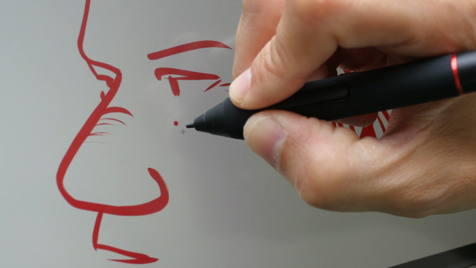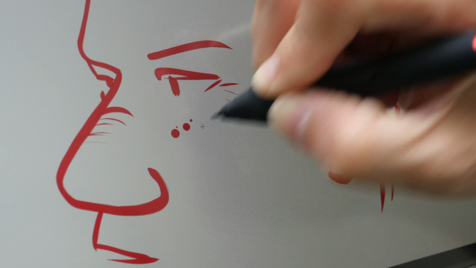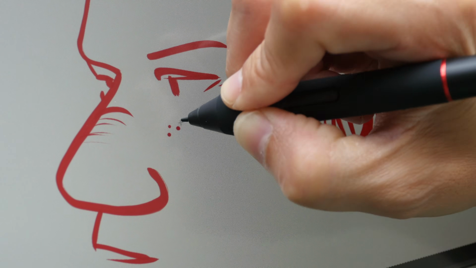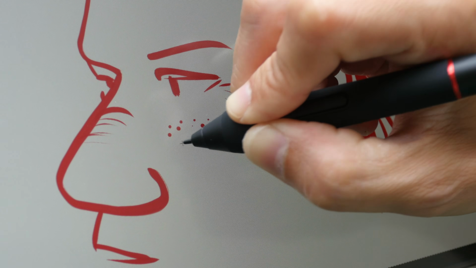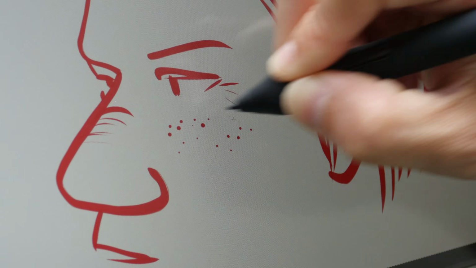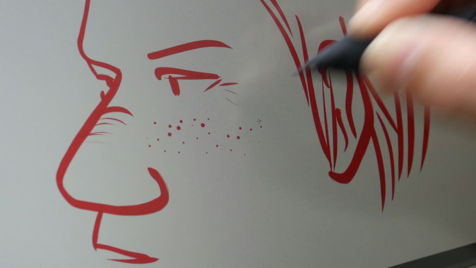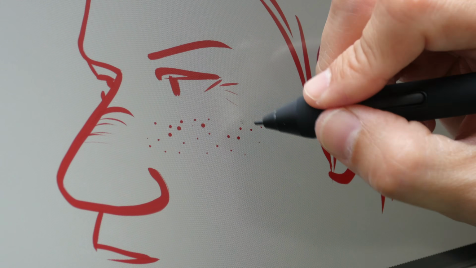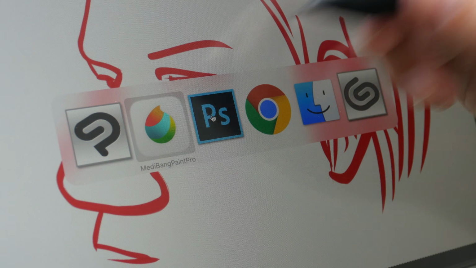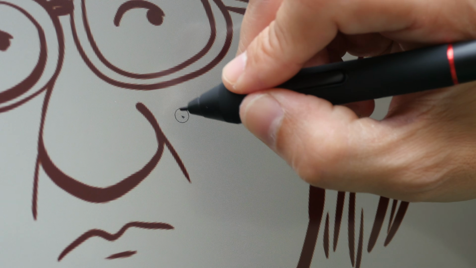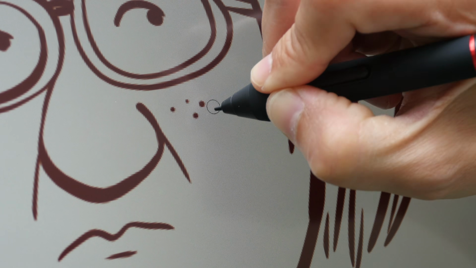Let's put some freckles on this guy. So it works well here when it comes to placing dots for this particular software, Clip Studio Paint, but with MediBang Paint Pro, it doesn't work as well.